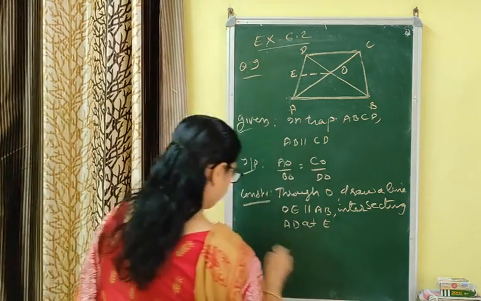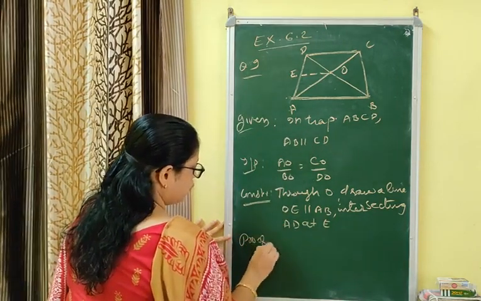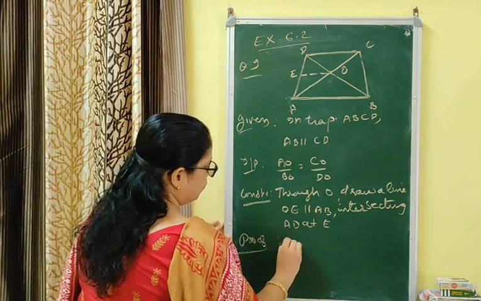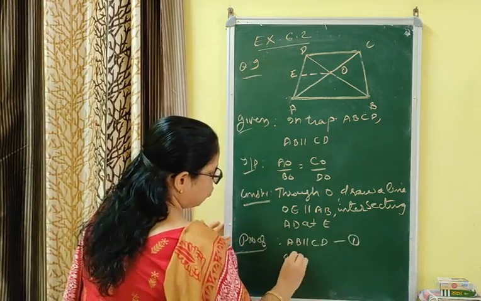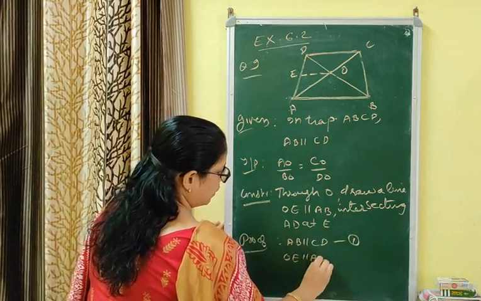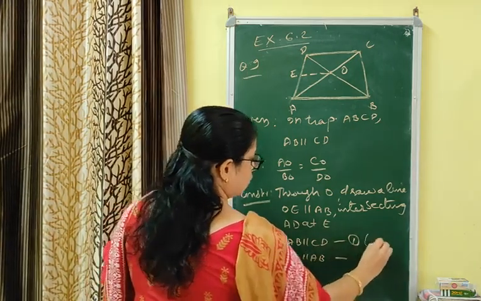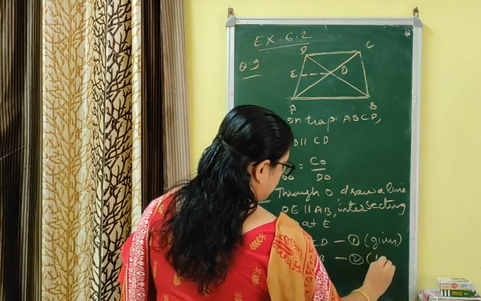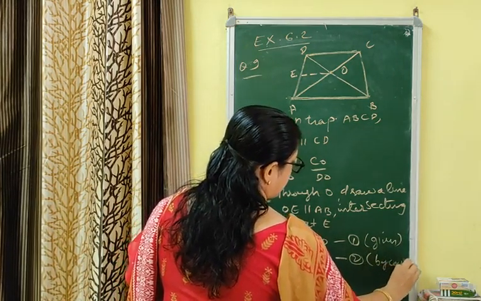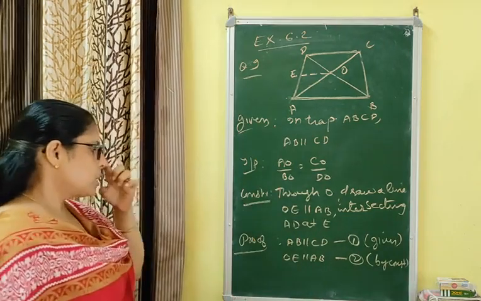Now proof. Now what we are given? You are given that AB is parallel to DC. That is equation number 1. And OE is parallel to AB. This is by construction, and this is equation number 2. That means what?